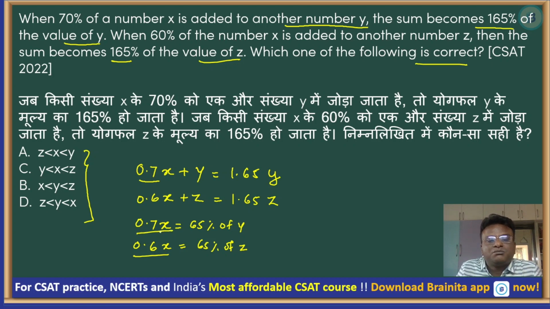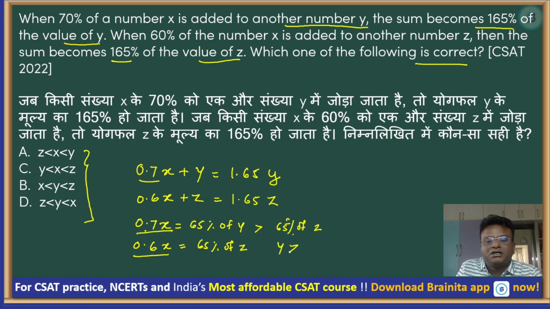So if this is bigger, that means 65% of y is bigger than 65% of z. Understand this, okay? 0.7 of x is bigger than 0.6 of x, correct? That means 65% of y is bigger than 65% of z.